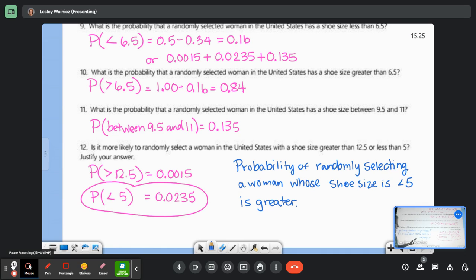So you can say that 0.0235 is greater than 0.0015. So it's more likely to pick the lady with shoe size less than 5.